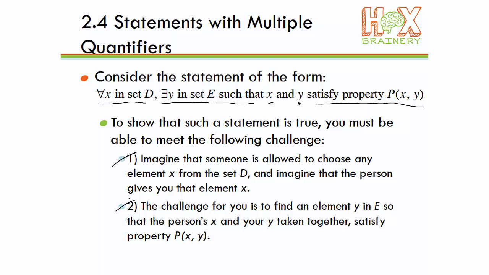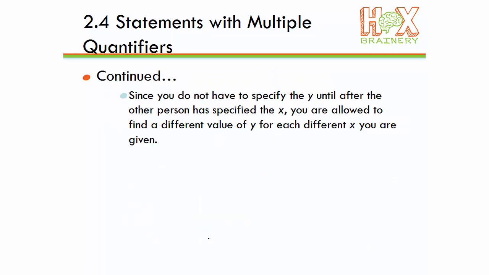The challenge for you is to find an element y in E so that the person's x and your y together satisfy the property p of x and y. So we have a predicate there with two variables. Since you do not have to specify the y until after the other person has specified the x, you are allowed to find a different value of y for each x you are given.